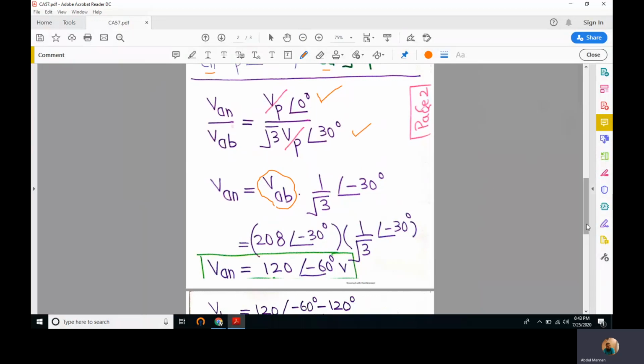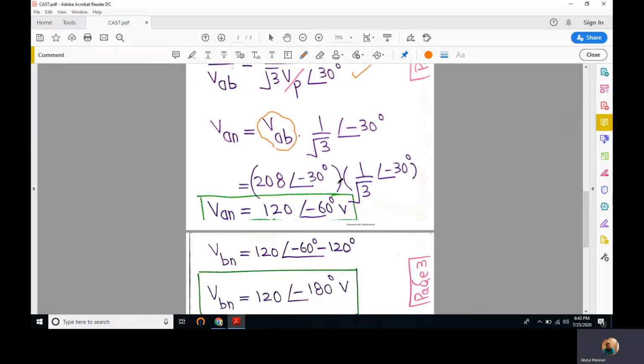Now we have two complex numbers in magnitude and phase, and we know that when we multiply two complex numbers in their polar form, we multiply their magnitudes. 208 multiplied by 1 over square root of 3 gives us 120, and the angles are added. Minus 30 plus minus 30 becomes minus 60 volts RMS.